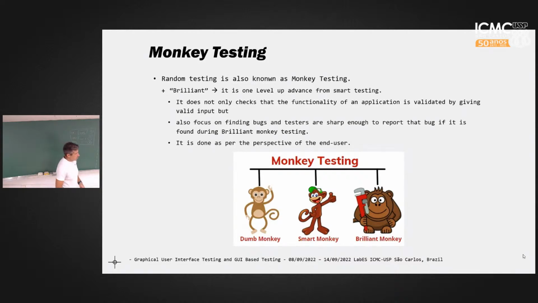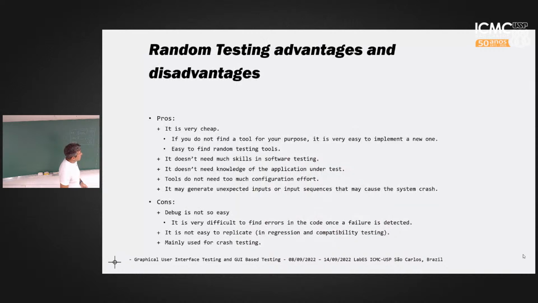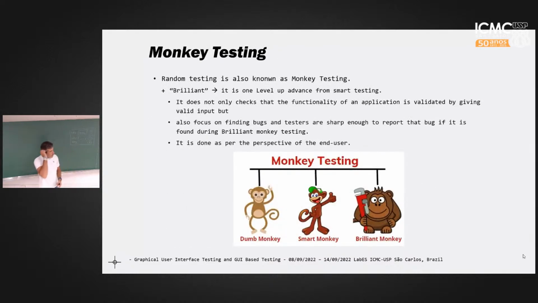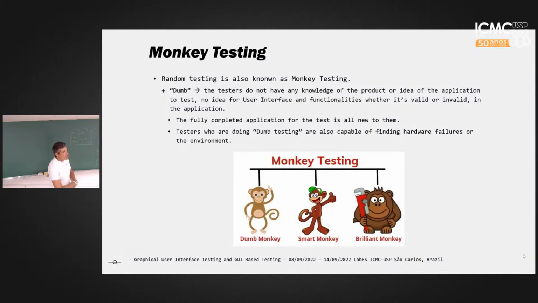Tell me, Junior. Okay. The dumb monkey is just for formatting the valid and invalid inputs from Smart Monkey? Oh, the dumb monkey. No, with the dumb monkey, you generate values without having any information of the application under test. In Smart Monkey and Brilliant Monkey, you have this information, and you can exploit it for generating random values.